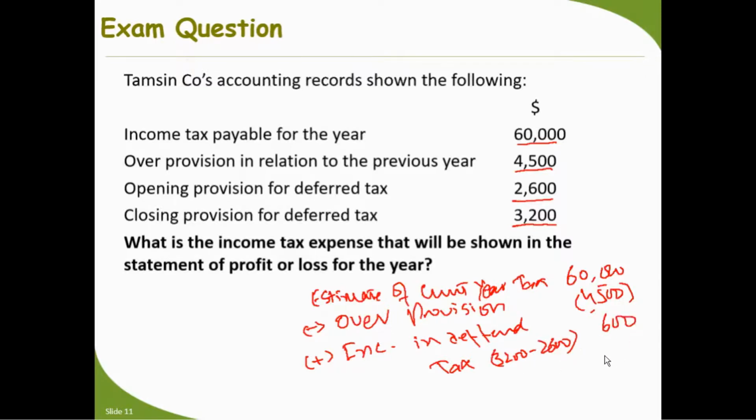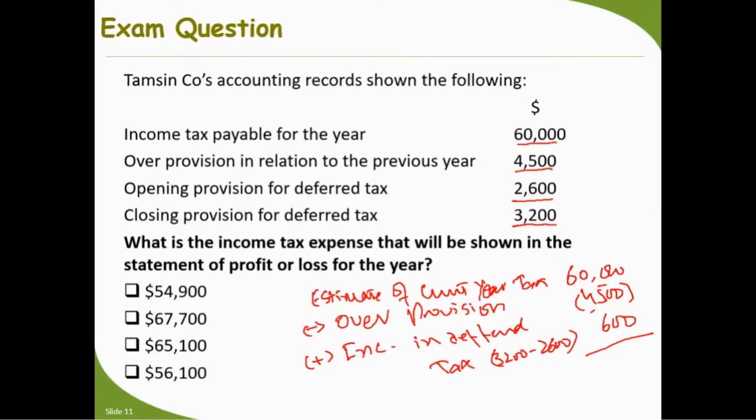We will add this. Now we will do the calculations. So our net result is 60,000 minus 4,500 plus 600, which is 56,100, which is option D. So our answer is 56,100, option D.